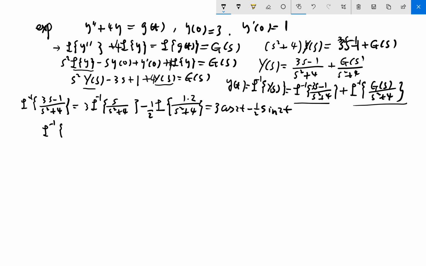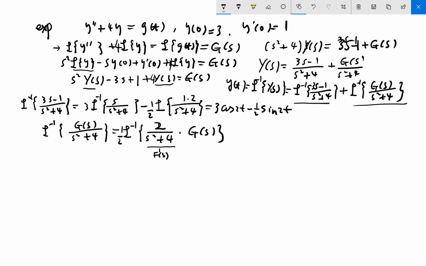How to find the inverse Laplace transform of G sub s over s squared plus 4? This one can be written as the inverse Laplace transform of 1 over s squared plus 4 times g sub s, right? So in order to find the inverse Laplace transform, we need a 2 here. So we change it to 2, then we divide. We call this one capital Fs.